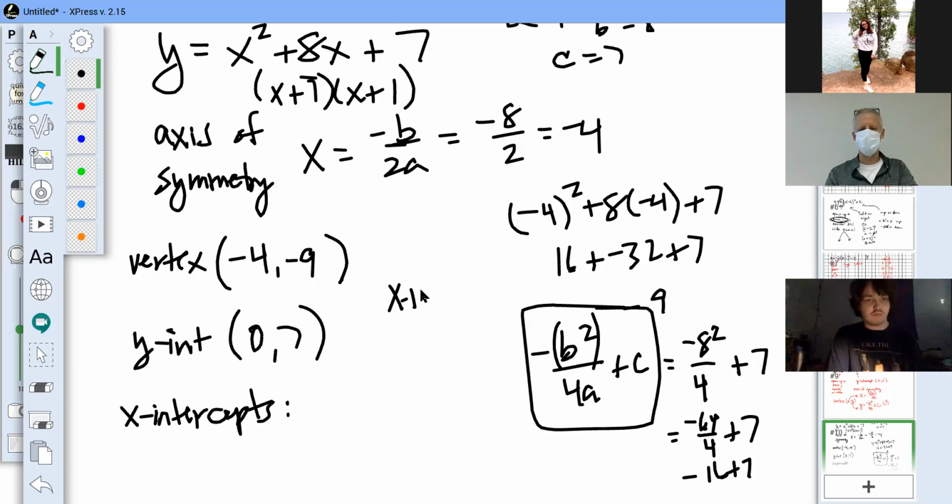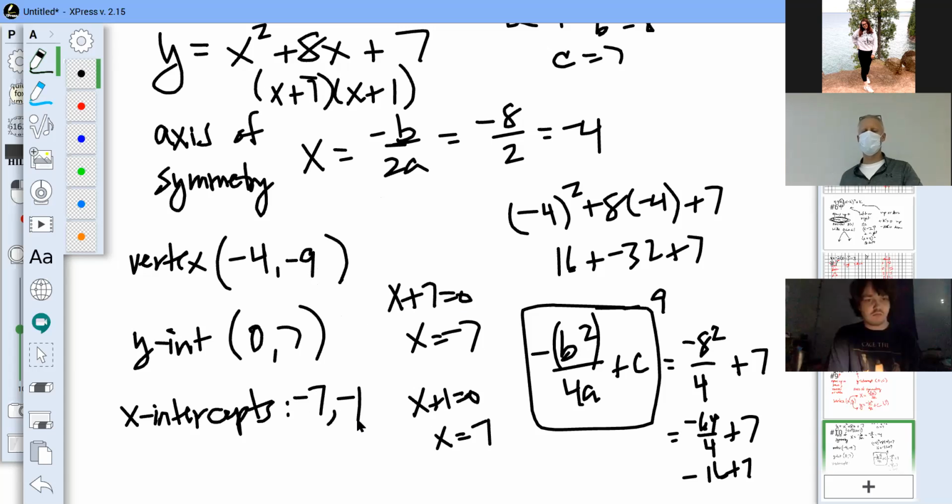The quadratic formula or factoring, set equal to 0, gives your x-intercepts. I like to record them as actual points: (-7, 0) and (-1, 0). I think the ALEKS program actually lets you just put in the numbers and separate them with a comma, saying, hey, it hits at negative 7, hey, it hits at negative 1. I know what intercept means.